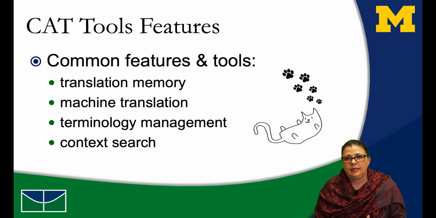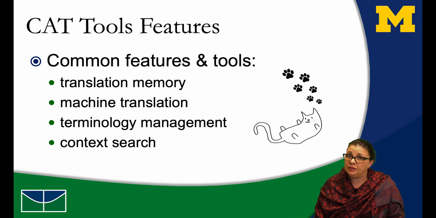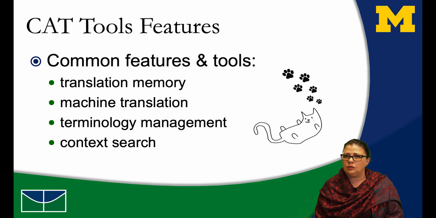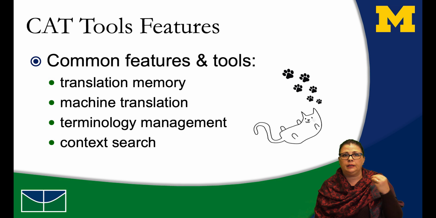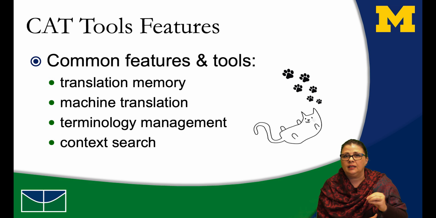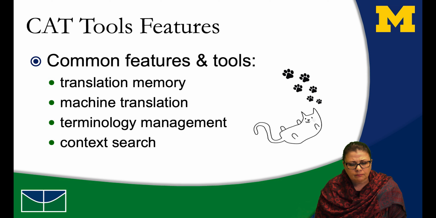But nowadays, most of them also offer machine translation because, as you can imagine, both of them can be very useful to do a translation. And on top of that, most CAT tools also offer some kind of terminology management application to help translators keep track of their terminology, how they translated a certain term so they can use that same term every time that word pops up again in their source text.